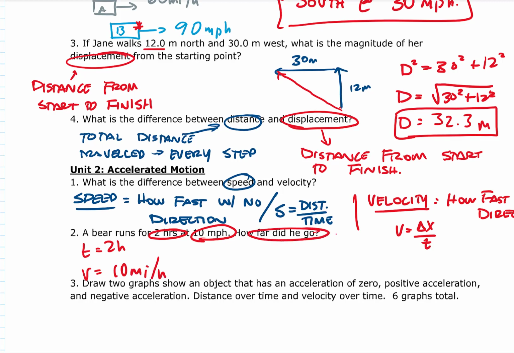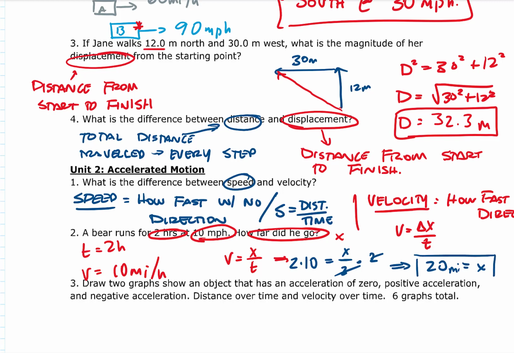And I want to know how far, that's x. Well, I know that velocity is displacement over time. So with my numbers, 10 is x over 2, multiply both sides by 2, and that tells me that 20 miles is equal to the distance that the bear goes.